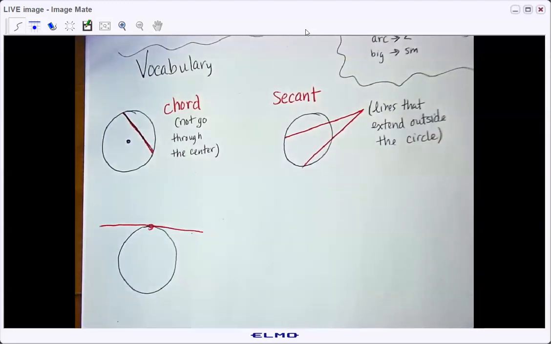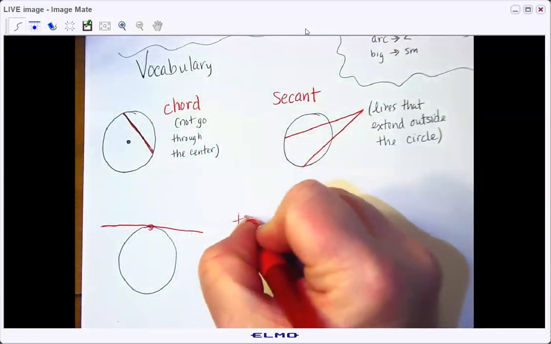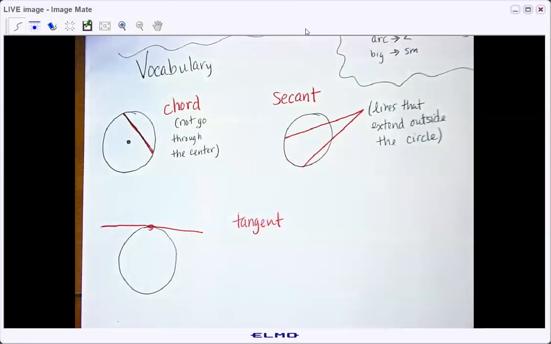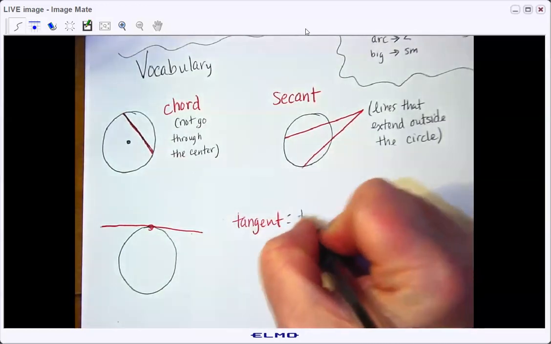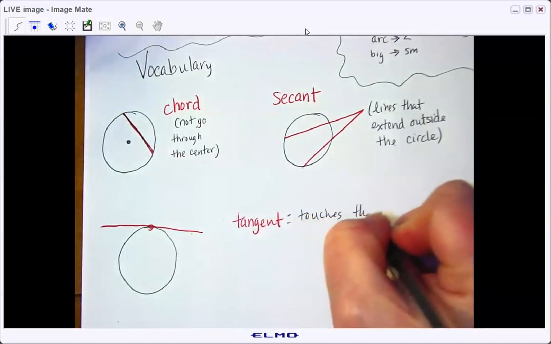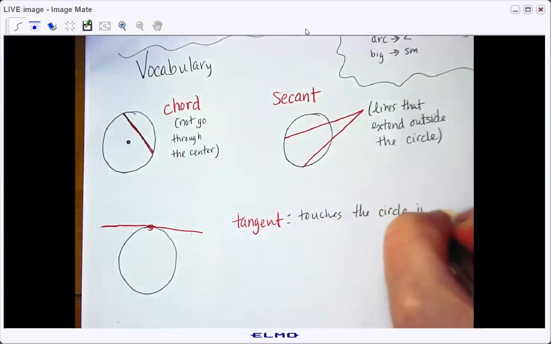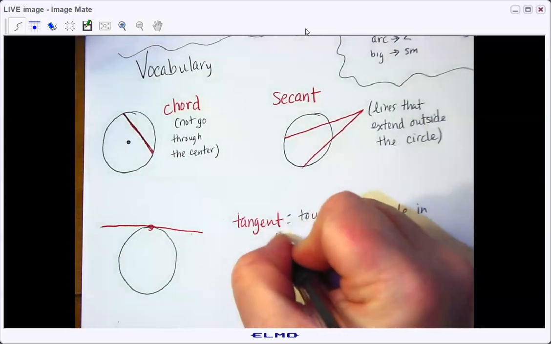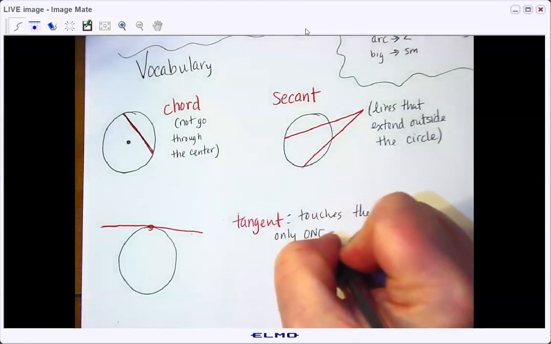Just one point. One point only. This is a tangent. And it touches the circle in only one point.